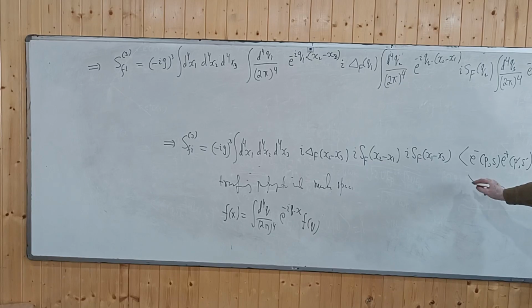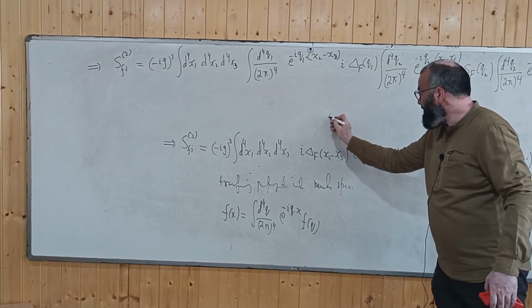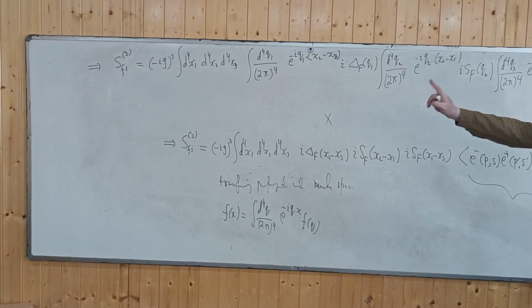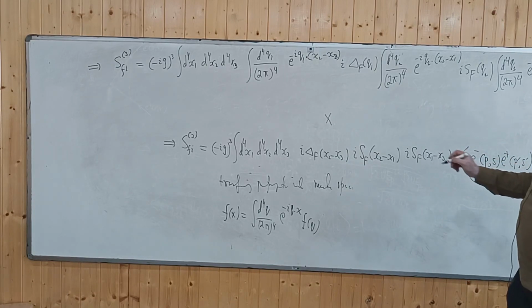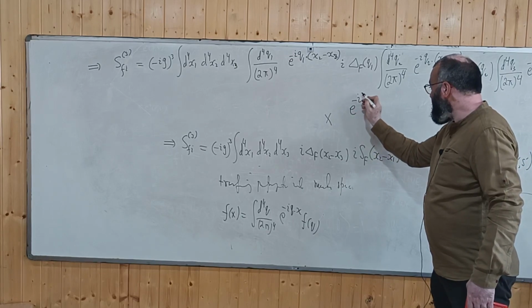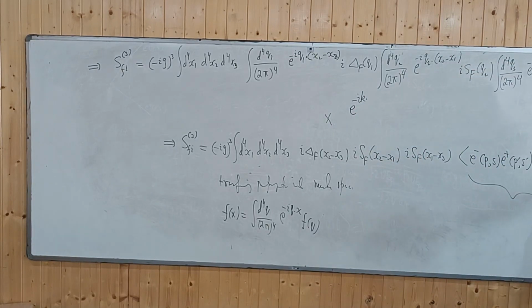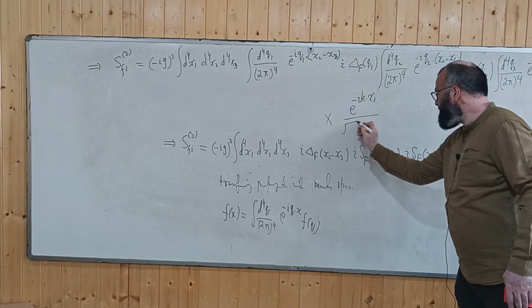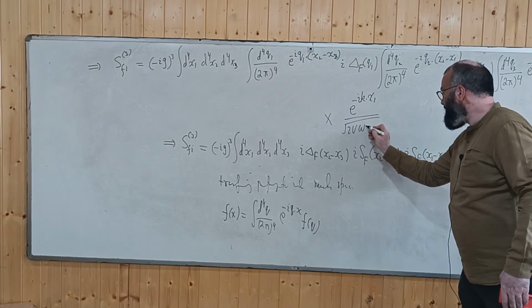Clear? So now what is the factor corresponding to this thing multiplied by anybody? We have just seen what that factor is. There will be no delta function at all here because there aren't any such factors. Delta functions will come from here when I integrate over x. So you will be having e raised to minus i k dot, what is the argument here? It's x1, divided by root of 2 V ω_k.